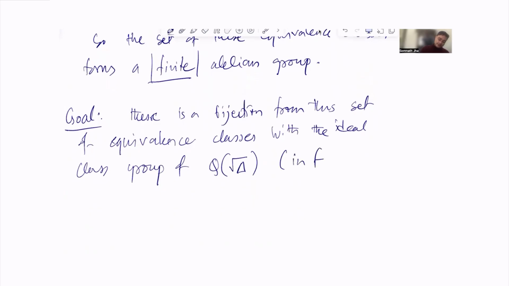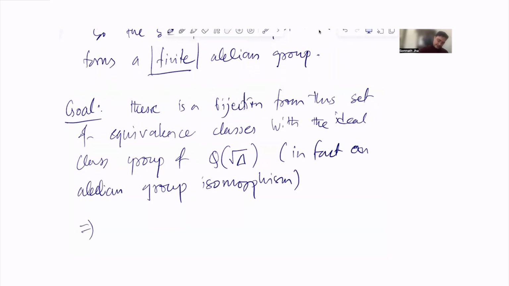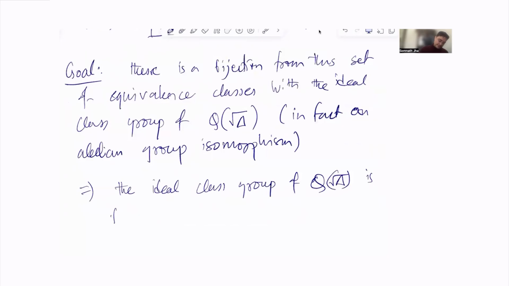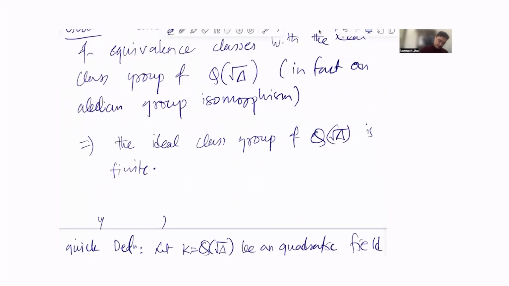In fact, it is an abelian group isomorphism, but we will not do this. So this will imply that the ideal class group of Q root delta is finite. Okay, so this is the idea.